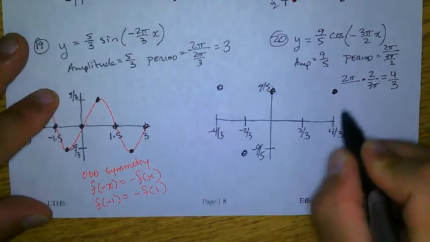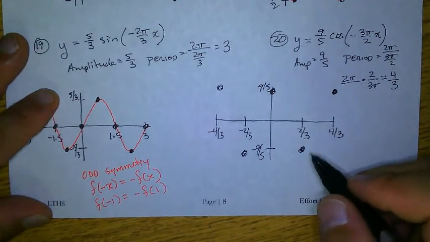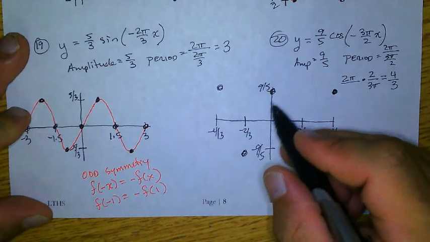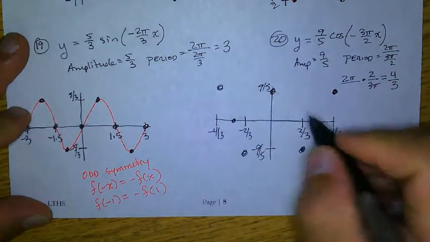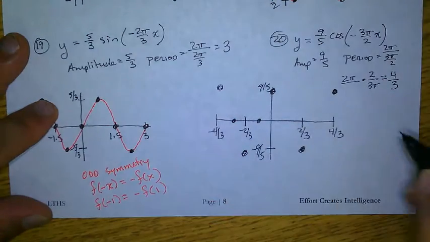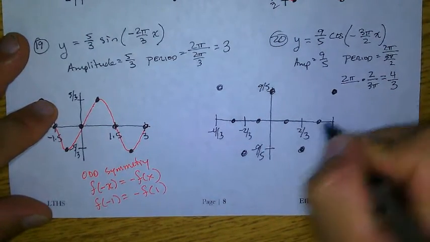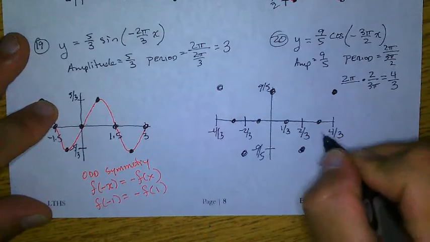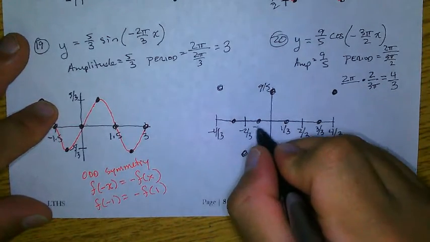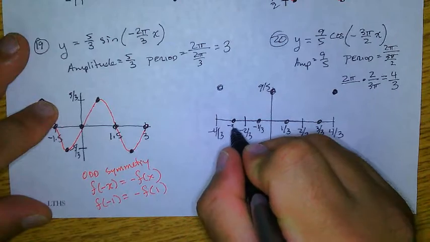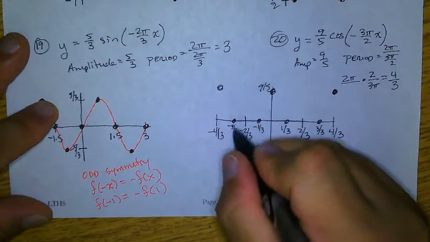Halfway between a max and a min, I'm going to be on the axis. Negative 1/3, and that would be negative 3/3. And of course, we know that 3/3 is 1, and negative 3/3 is negative 1.